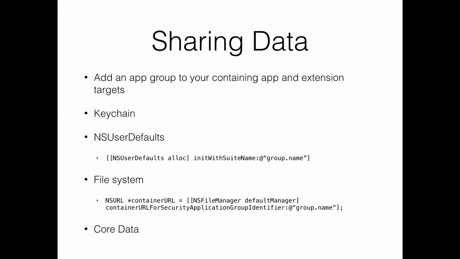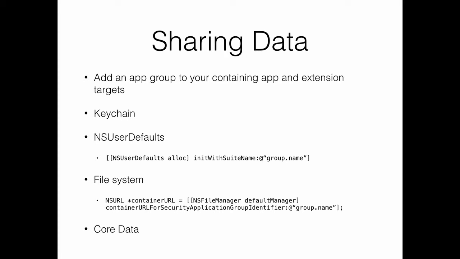It can use a file presenter to keep an eye on that file, and when the file changes, it will receive a notification. Again, your containing app is running in the background, so it won't receive that notification until the app is brought back into the foreground. So it's not a real-time notification, but at least your containing app now knows that some data has changed.